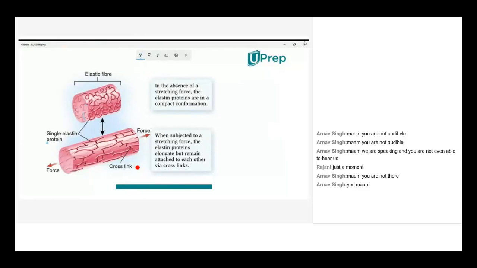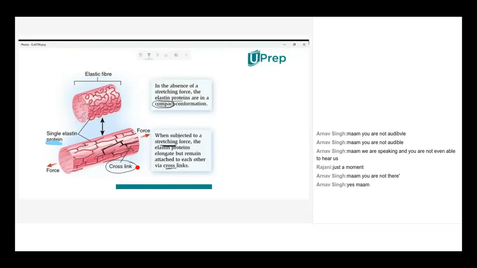Then the elastin proteins give elasticity to the structure where they are present. The word cross-link, which I used for collagen also, applies here. So they act as a stretching force because they are cross-linked with each other. This is the fiber. This is another fiber. Both are cross-linked like this with other fibers.